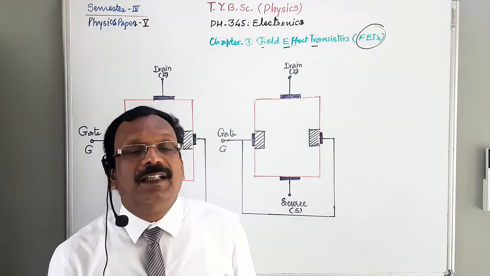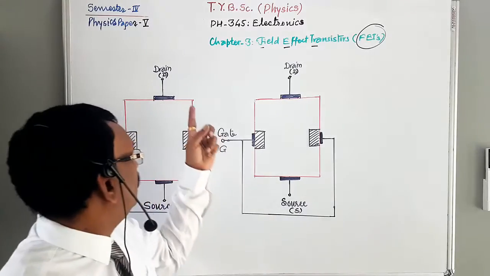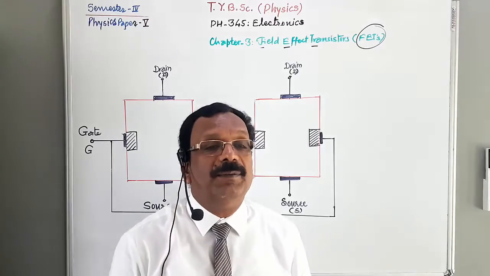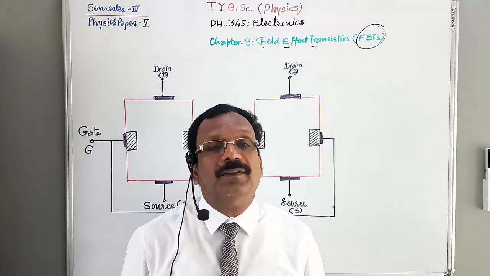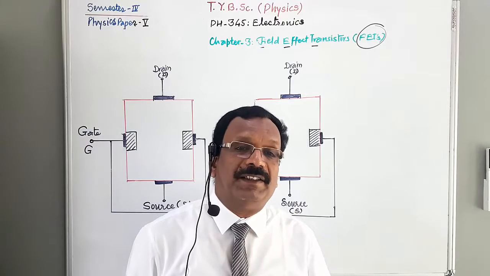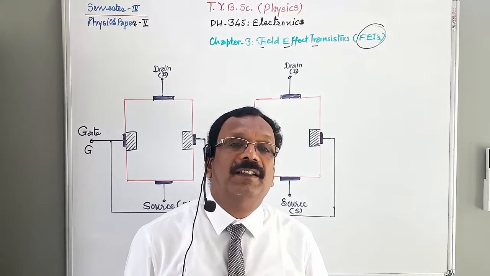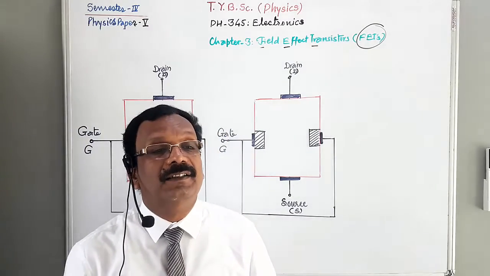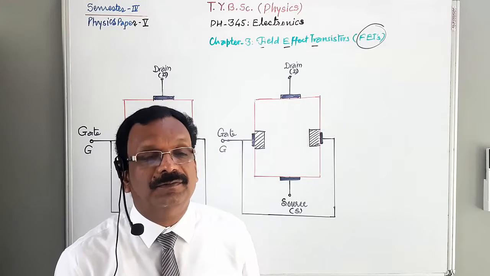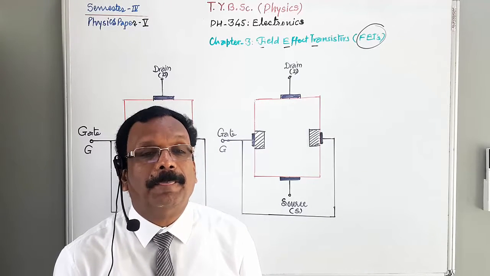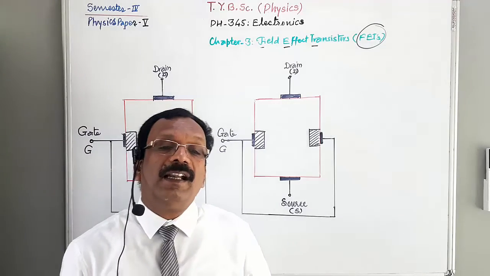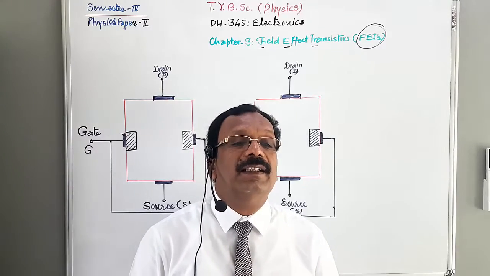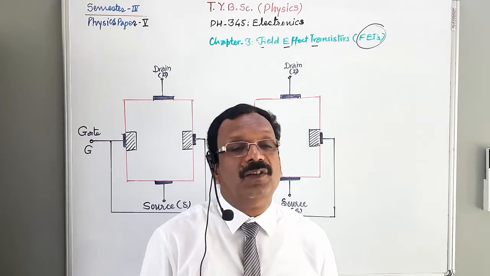The FET is a three terminal, gate, drain and source, unipolar solid state device in which the current is controlled by an electric field as in a vacuum tube. Here I told you that the current conduction takes place by only one type of charge carrier, either free electrons or holes.